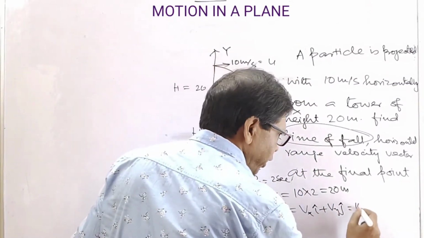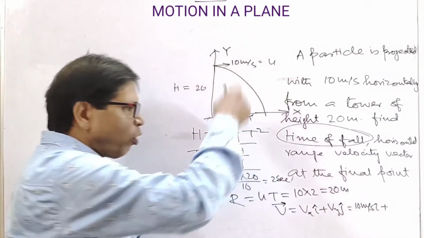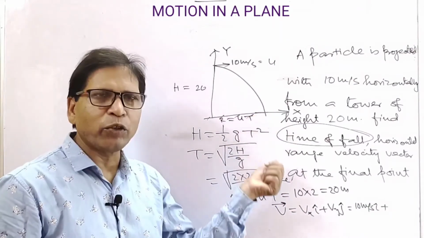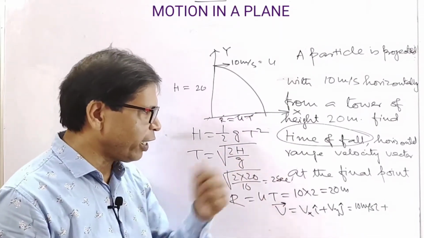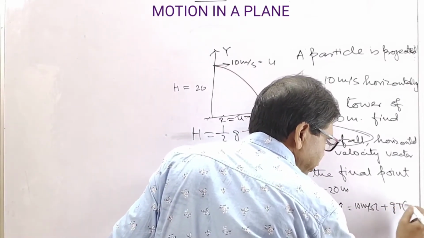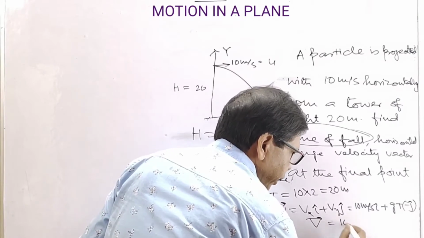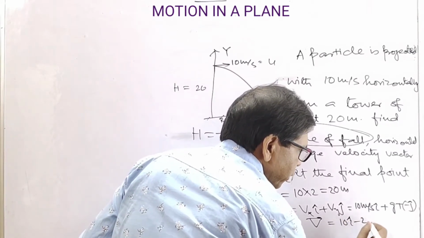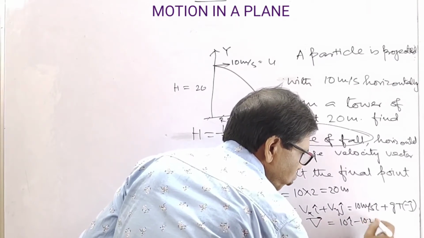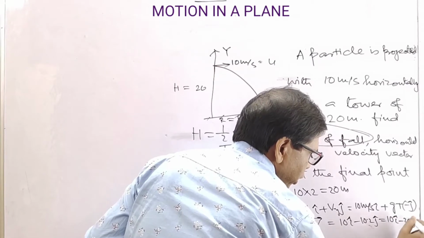So this is 10 meter per second i cap. Now the vertical component is g into t, with g equal to 10 and t equal to 2, and this is along minus j cap. So the v vector becomes 10 i cap minus 10 into 2 j cap, that is 10 i cap minus 20 j cap.